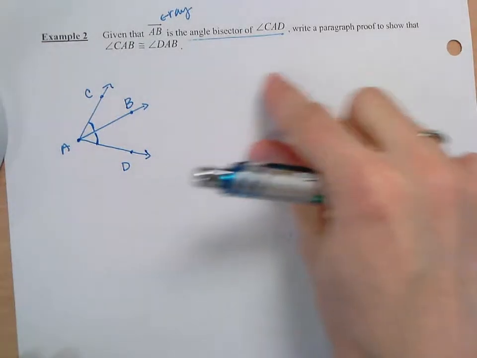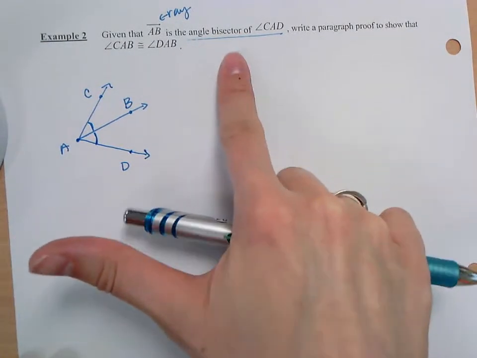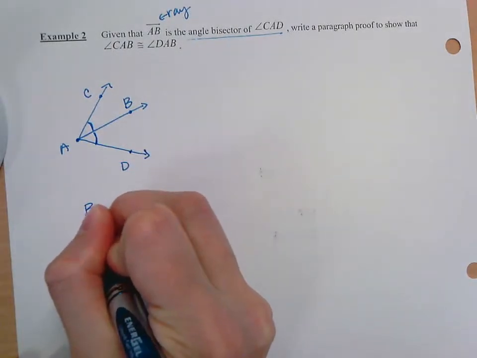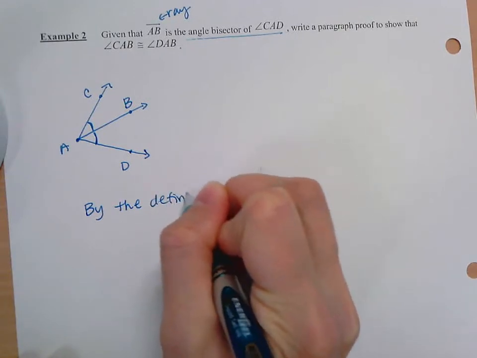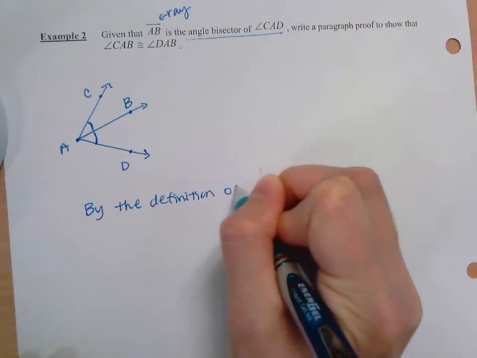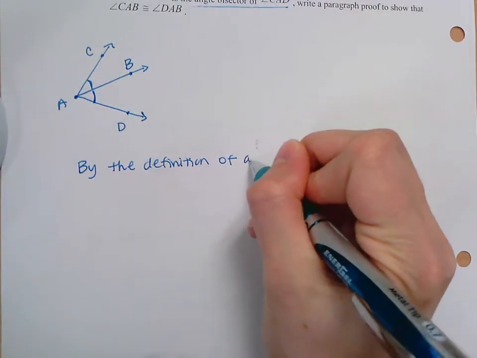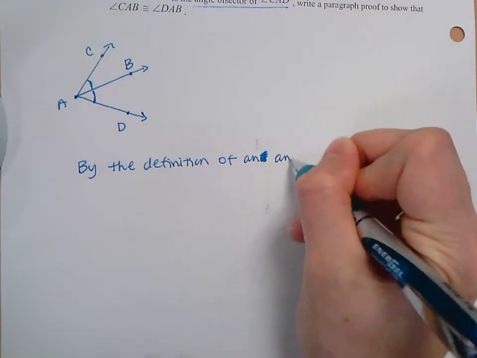So there's really not a two-column proof to set up with this one, because just by definition, this is true. So I'm going to say, here's how I'll word it. By the definition of, oops, not an angle bisector.